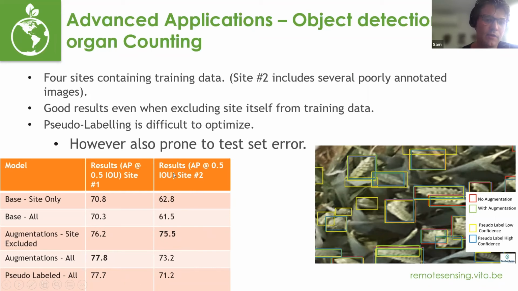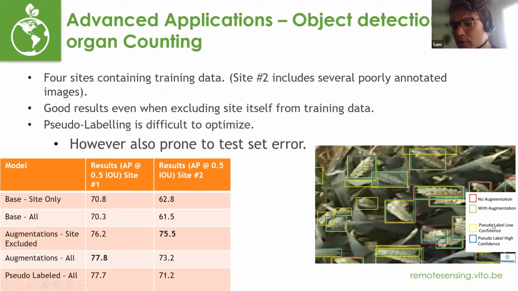And then for pseudo labeling, one thing to note here is that it is difficult to optimize. You can see at the right that there is some degree of test set error, since, as I mentioned earlier, the actual annotations can have some gaps. But we can see, looking at, if you can see it, the red boxes, they do miss quite a bit in these images.